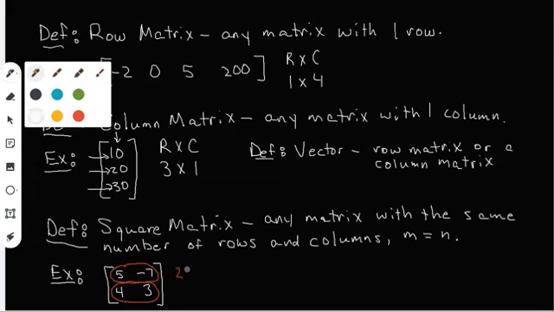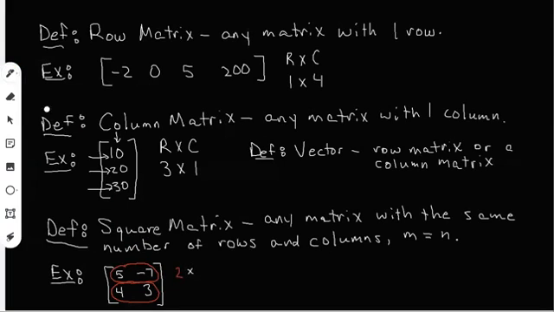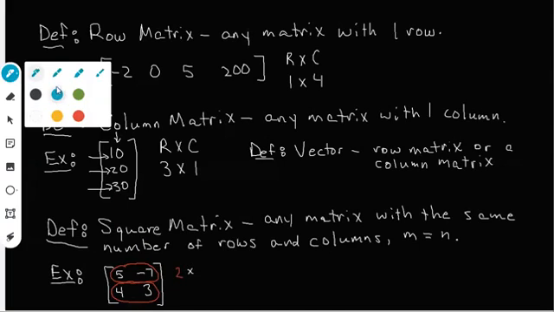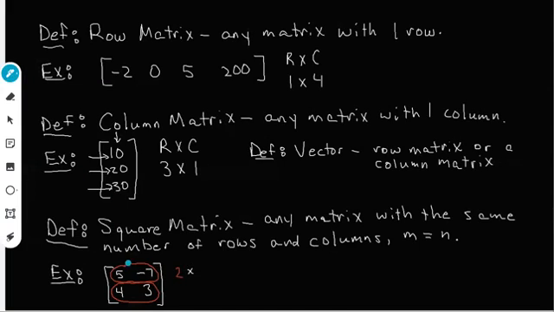How many columns does it have? It's got 2 columns, right? Let's circle them. 5, 4, that's going to be my first column. And -7, 3, that's going to be my second column. So this is a 2 by 2.